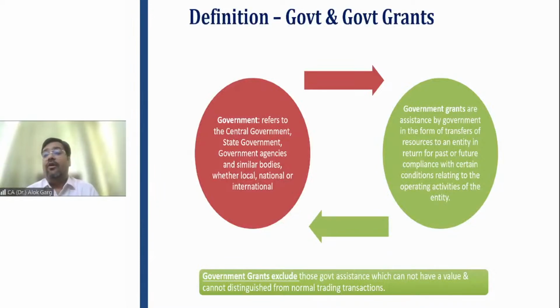It includes state government, government of Karnataka, Delhi government, government of Odisha, government of Bihar, government of Jammu and Kashmir. So state government, okay? Government agencies and similar bodies, Municipal Corporation of Delhi, MCD, MCG, Municipal Corporation of Gurgaon, right?